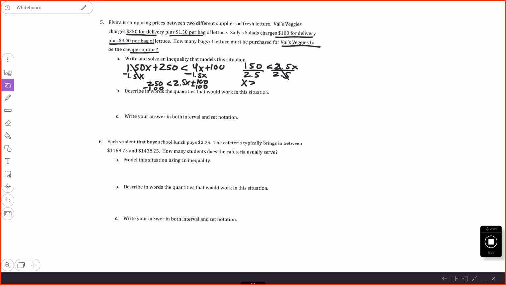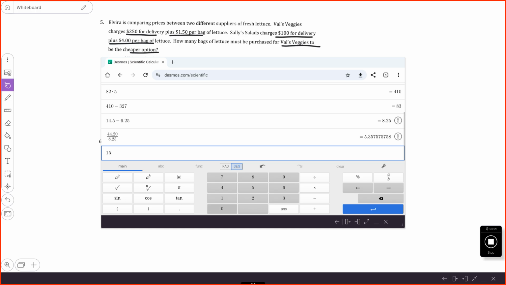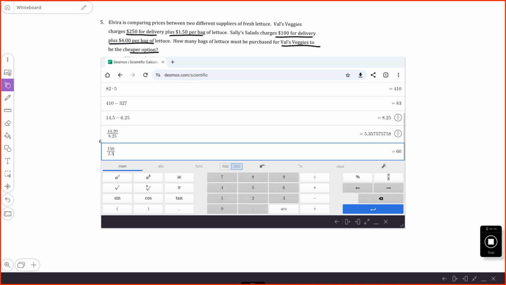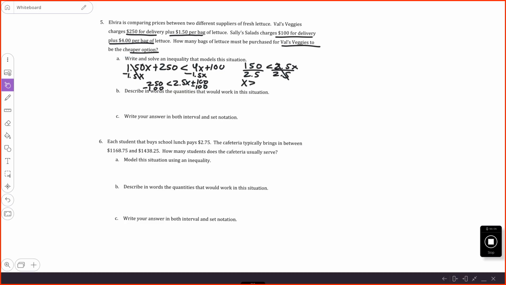So x is greater than 1.50 divided by 2.5, which gives me 0.6. So x needs to be greater than 60.